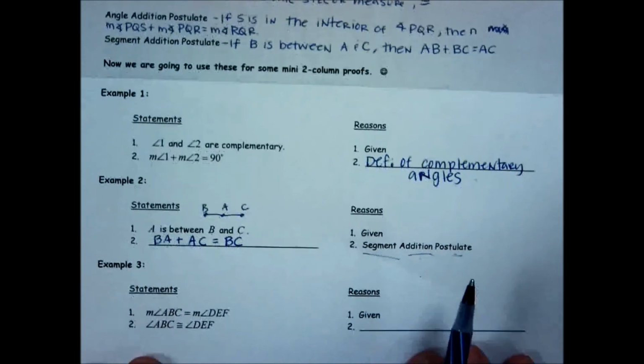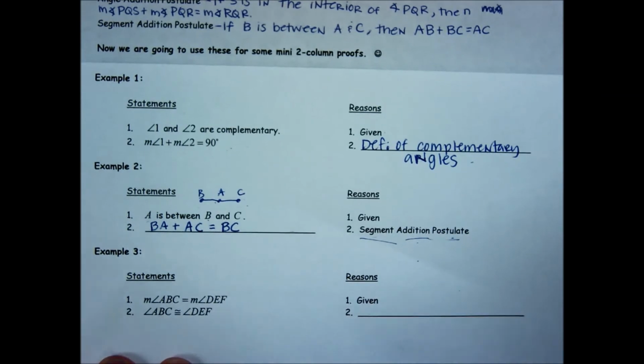Alright, let's look at the last one. The statement that we're given is that the measure of angle ABC is equal to the measure of angle DEF, and that's what's given to us. The next statement says that because of this, the angle ABC is congruent to the angle DEF. Well, how did I jump from measures being equal to congruent?